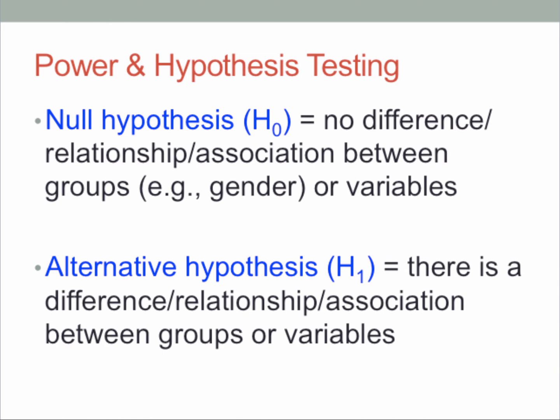And of course, we have a correlative alternative hypothesis where we posit that there is a positive or negative correlation, or just some type of correlation. So again, we have directionality, positive or negative correlation, one-tailed, or that there is a correlation, two-tailed.